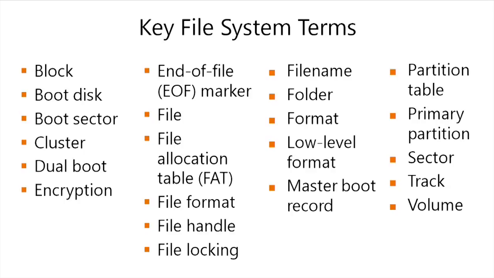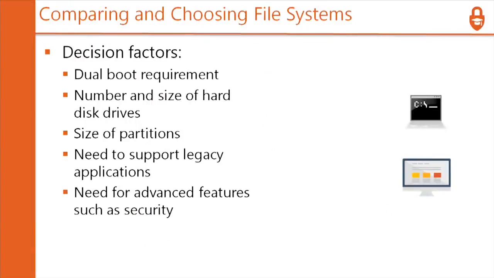Block, boot disk, boot sector, cluster, dual boot, encryption, all of these things are somewhat relevant today, especially the encryption and the dual booting. But dual booting usually you have more than two, so it's multi-boot. And file name, folders, format, low-level format, master boot record or MBR. Partition tables, primary partition, sector, track, and volume, all of these are relevant terms even today.